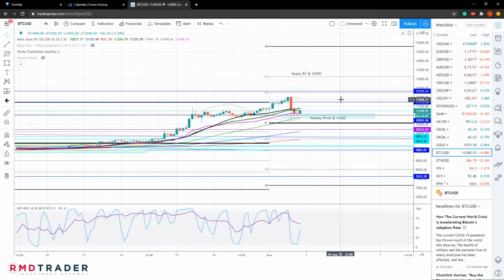And as we've seen so far, Bitcoin has a lot of bullish momentum when it starts moving. So a stretch target would be our yearly R1 pivot at 12,950, very close to the 13,000 level. So that would be our targets for Bitcoin for the week to come.